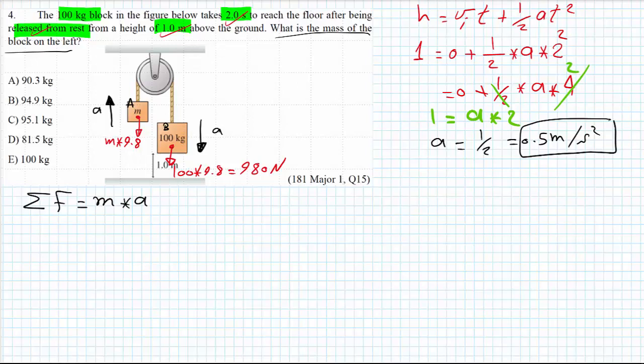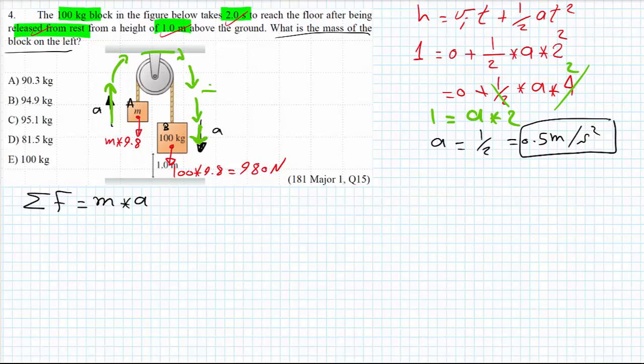Before you apply Newton's second law, you need to identify the positive direction of the forces. And the best way to identify the positive direction here is to use the direction of acceleration as the positive direction of the system. So what is the acceleration direction here? The acceleration moves in this direction, and downward in the other direction.